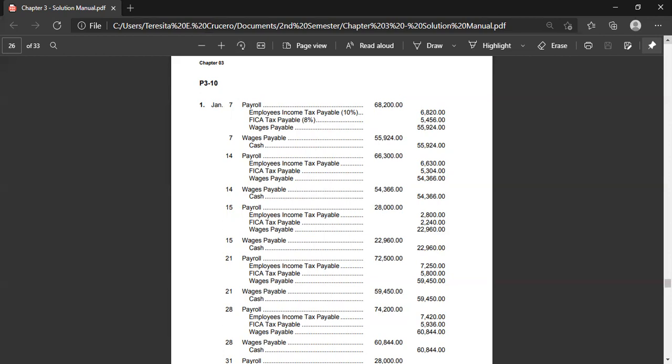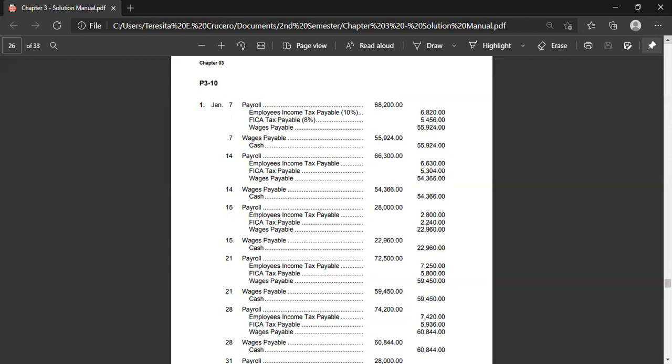Now, on January 14, again, we have to record the payroll and the corresponding deductions, and still the payment of wages. On 15th, we have recorded administrative and sales salaries for the deductions, employees' income taxes, and FICA taxes.